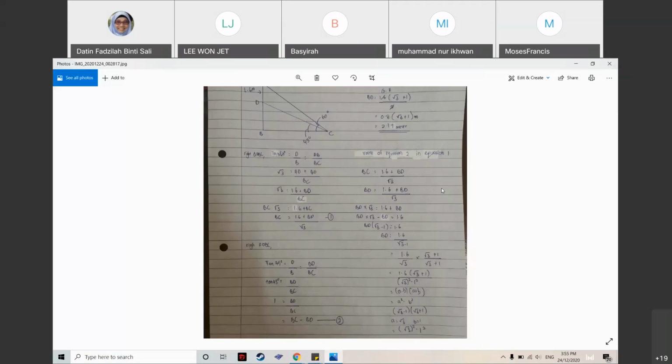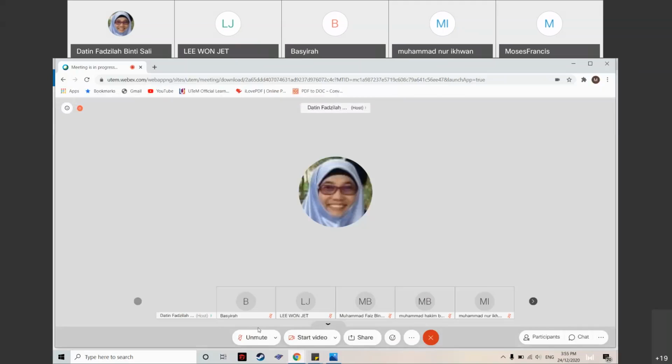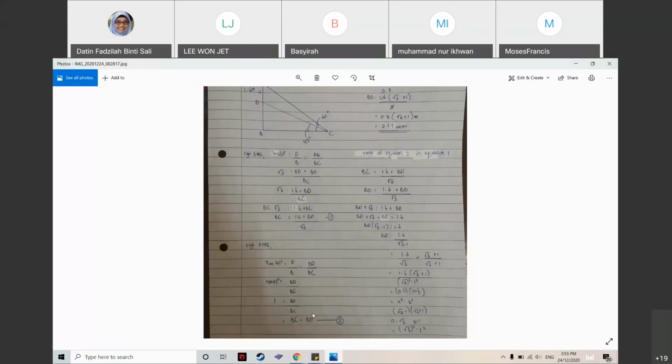Moses, I think there's a typo there. It is supposed to be BC equals BD, not BC minus BD, right, Moses? Yes, madam, my mistake. Okay, so equation 2 should be BC equals BD. You cross multiply BC by 1, so BC equals BD.